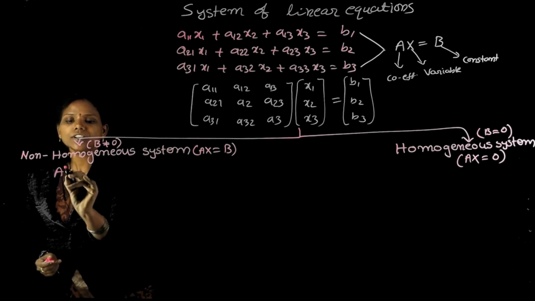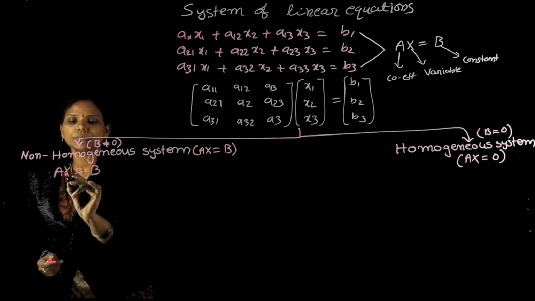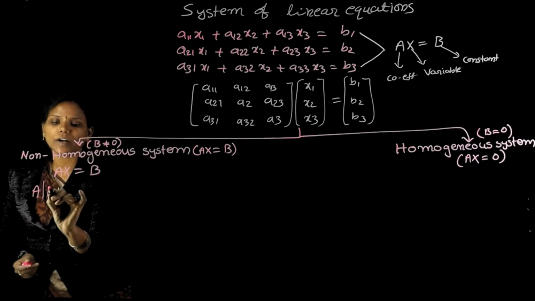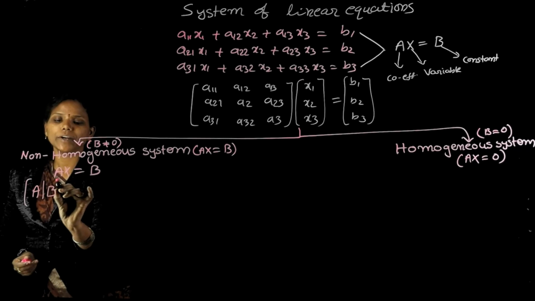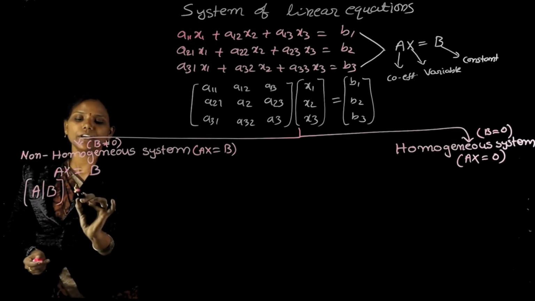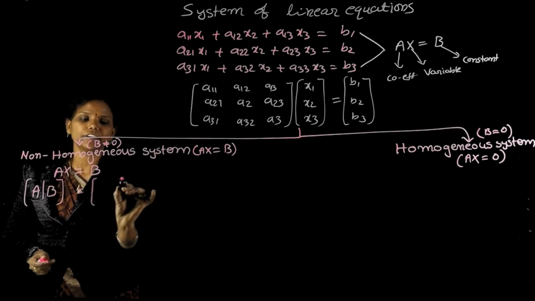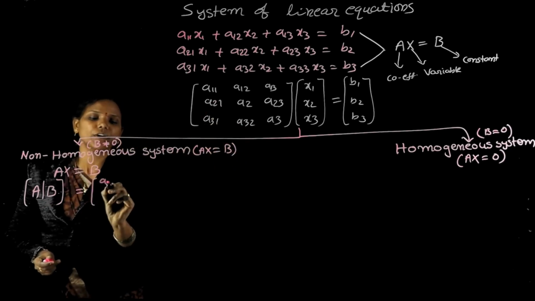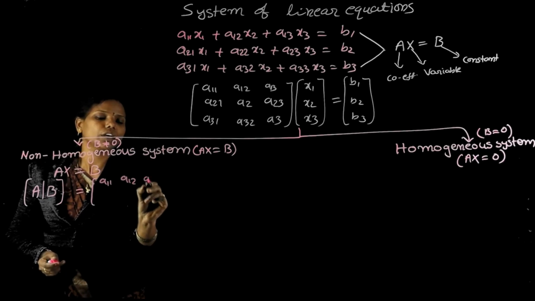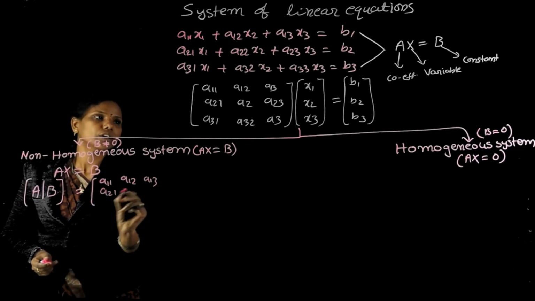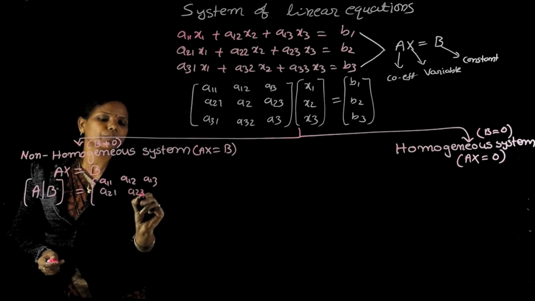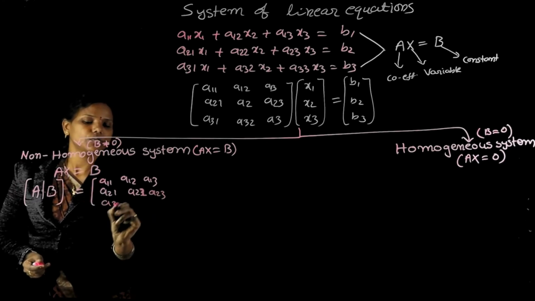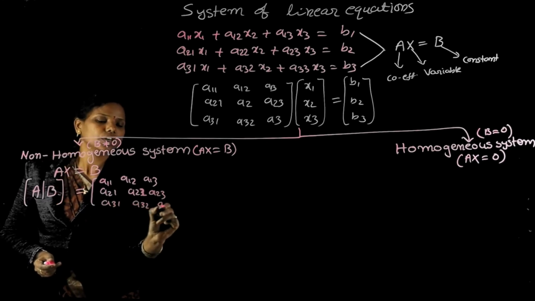Now, our system is here Ax is equal to B. In this case, very first we have to find rank of augmented matrix. What is augmented matrix? When you write A, B like this, A matrix and B matrix. See in this our system, A matrix is a11, a12, a13, a21, a22, a23, a31, a32, a33.